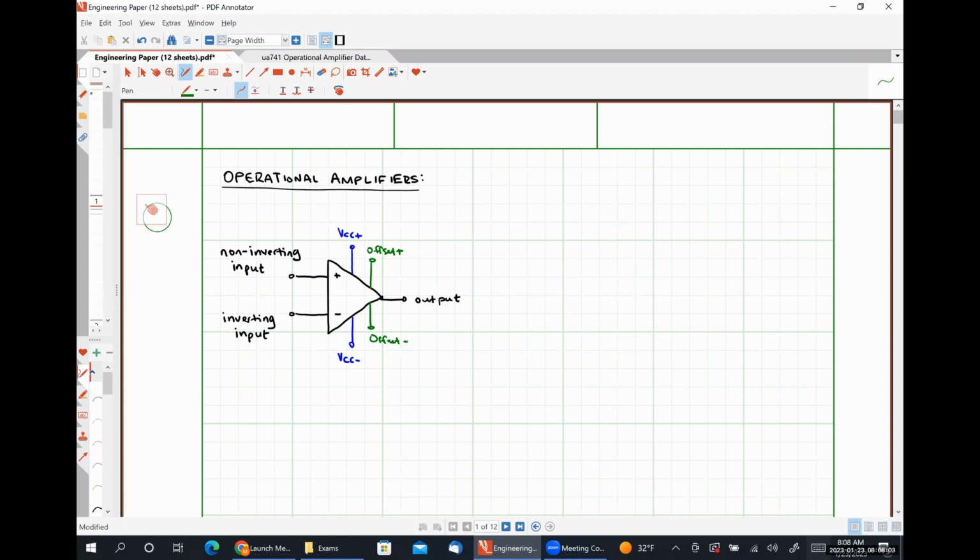So your offset pins are used to cancel out that small voltage at the output so that when you have zero input, you have zero output. So it's literally just to correct for manufacturing errors.